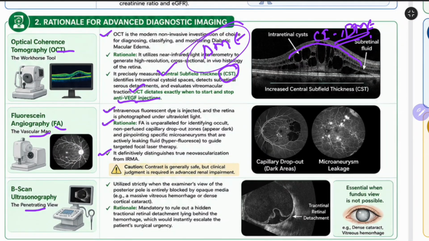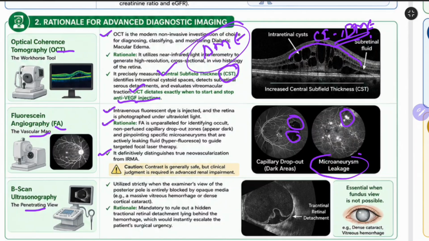You will be able to see microaneurysms will leak and shine more, whereas ischemic spots will turn out black like this, and it will help to differentiate between neovascularization and IRMA.